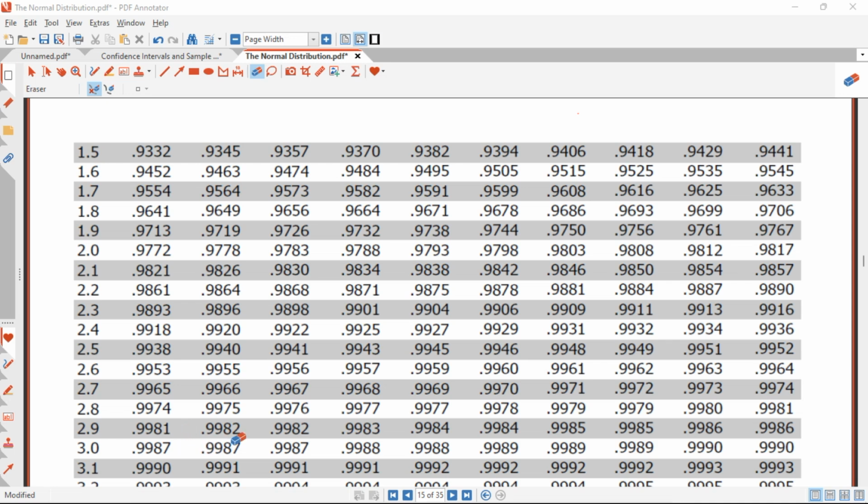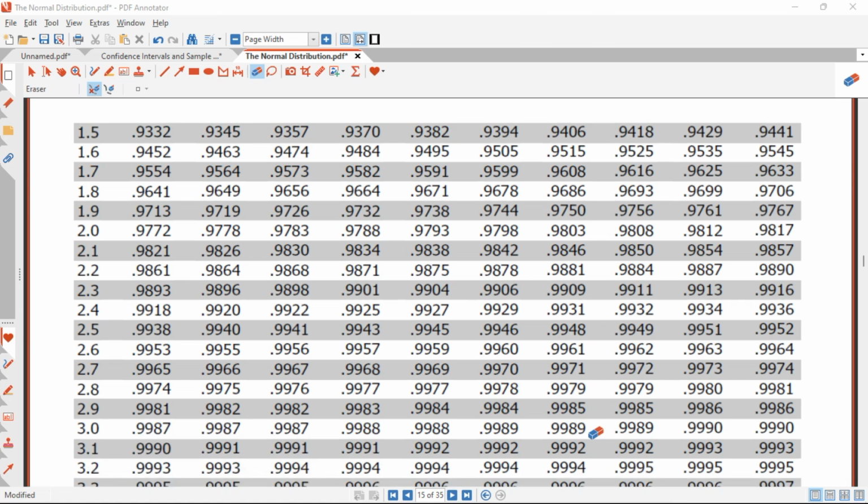You could see that the 0.995, you don't have it, it doesn't fall on a particular row, but it's lying between two probabilities. And here are the two probabilities that it is lying between, right? That's 0.9949 and 0.9951.